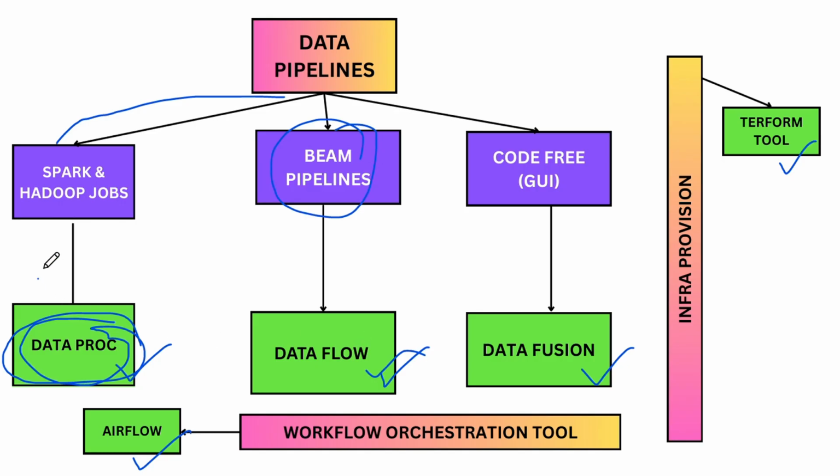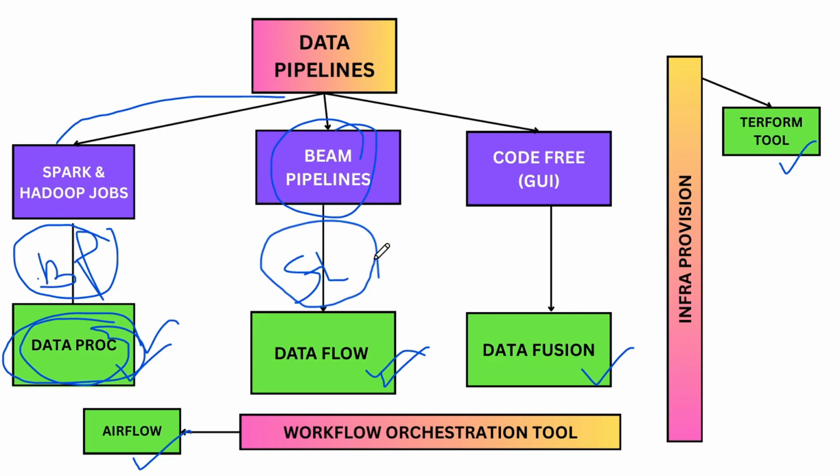So here we have seen batch processing, and here we are seeing streaming data. For the purpose of batch processing, we use the Dataproc tool. To process streaming data, we have to use the Dataflow tool.